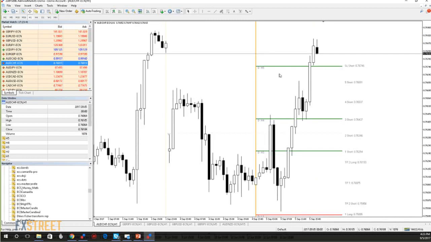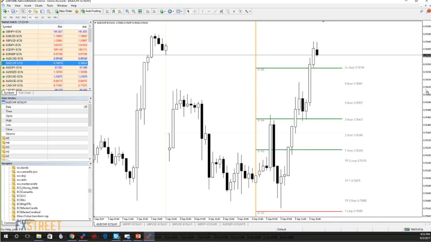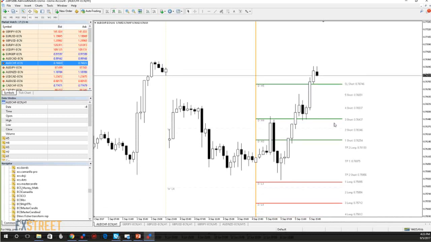Let's see. I mean, I didn't cherry pick this. I'm just following it now. Now, this trade is, you see, this is where we take profits. One short was collected, second short was collected, third short was collected. Now, when price is in profit, you need to protect your profits because you don't know if this will happen.